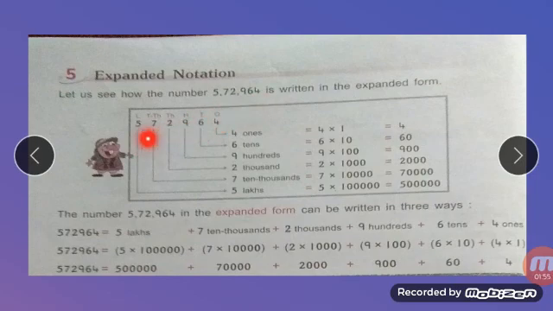For help, what you can do, you have to write the number and write their place value. Okay, as it is done, 5,72,964.